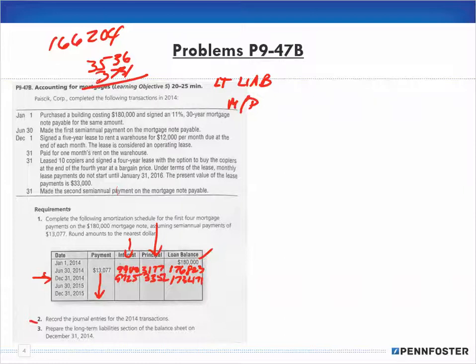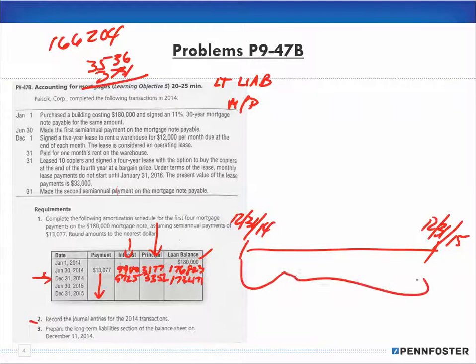Now, here's the thing. We're sitting here on a timeline at December 31st, 2014, and this is December 31st, 2015. That's the current portion of that mortgage payable, 1 year.